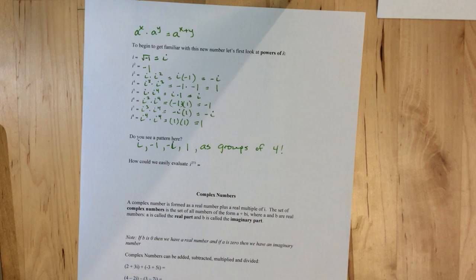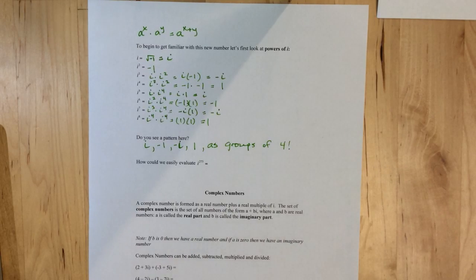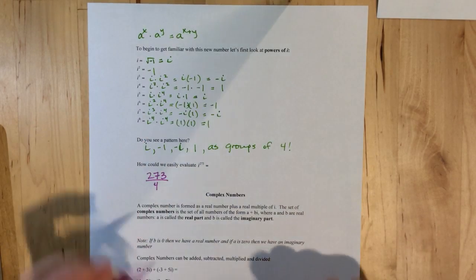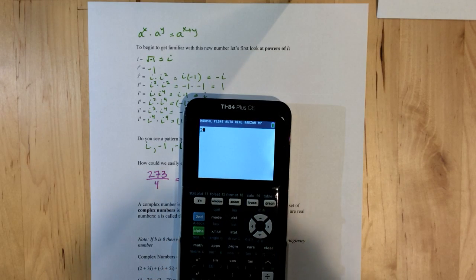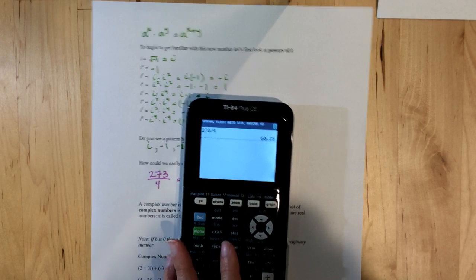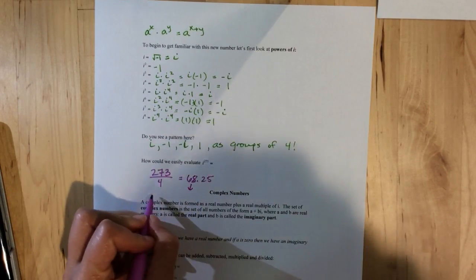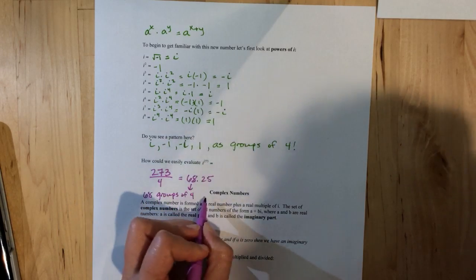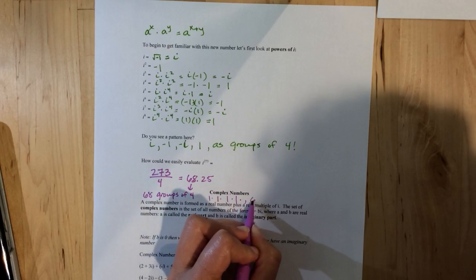We take 273 and divide it by 4. 273 divided by 4 is equal to 68.25, which means there are 68 groups of 4, which is 1 times 1 times 1, 68 times.